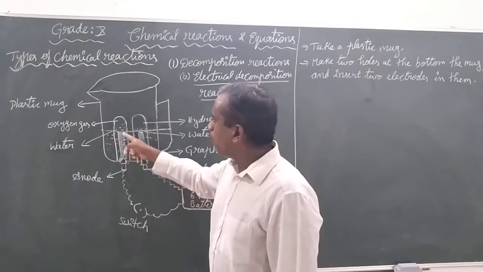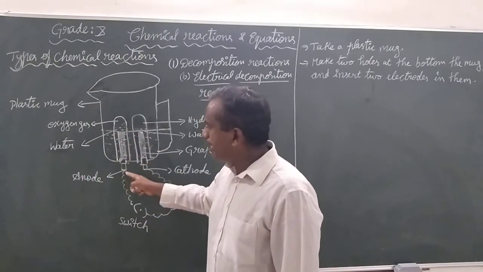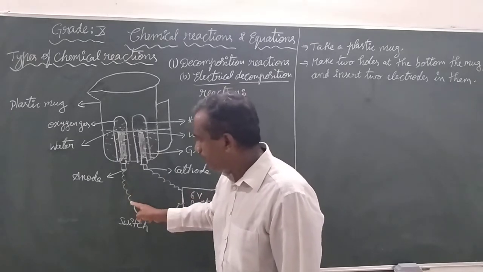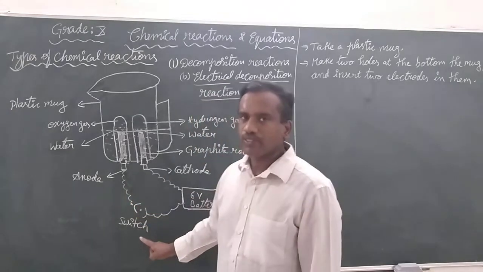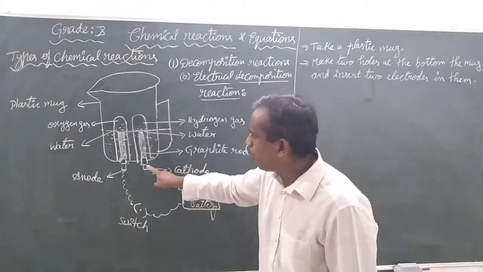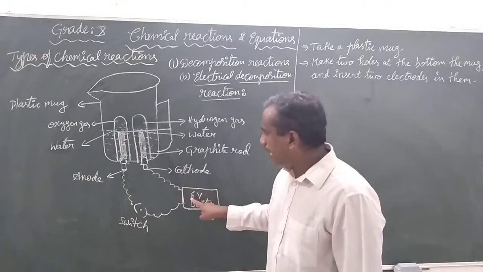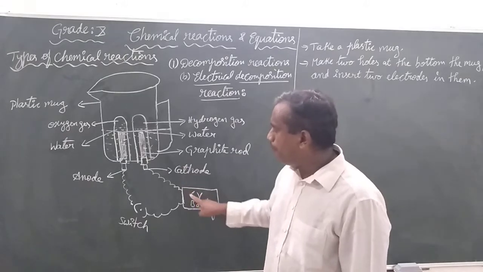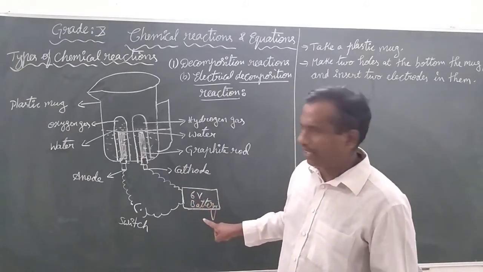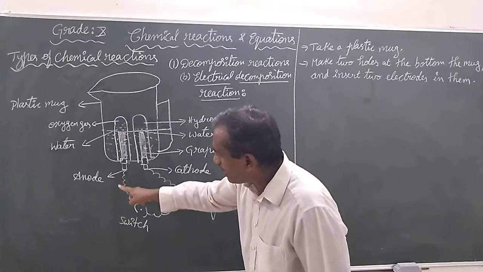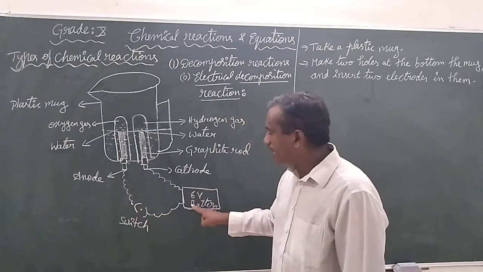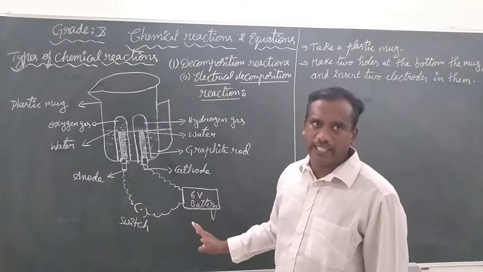Then one of the electrodes is connected with a wire to a switch. The other electrode is connected with a wire to the cathode end of the 6-volt battery. The wire from the first electrode we connect to the anode of the battery.